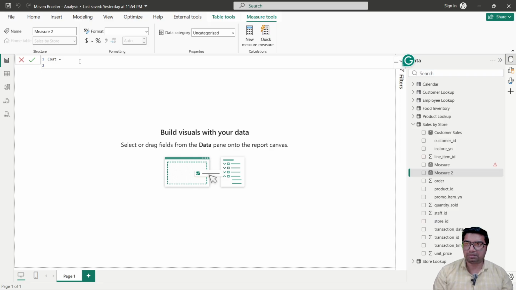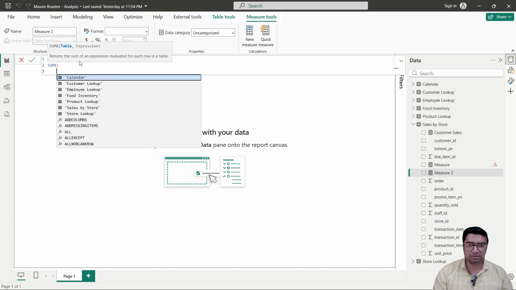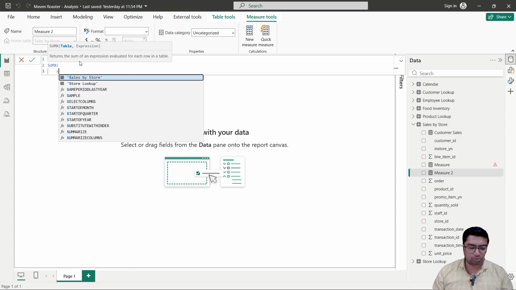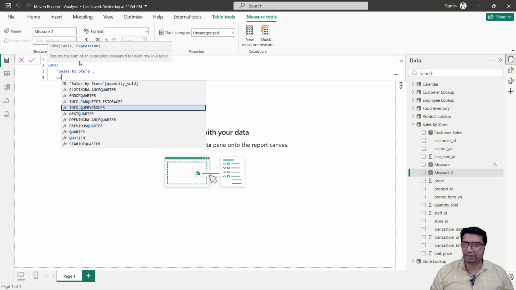Cost measure, shift enter, formula SUMX, shift enter, and the sales by store table. The table name is sales by store, tab, comma, shift enter, and then give your quantity. The quantity is under sales by store, so simply put the quantity.